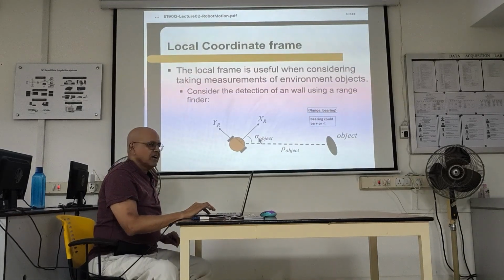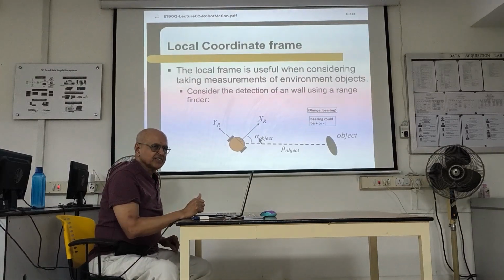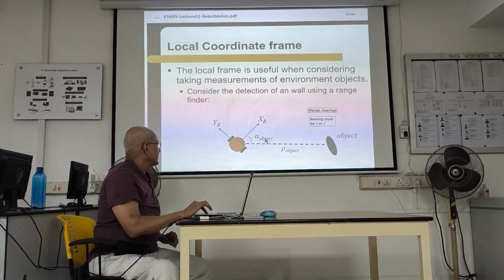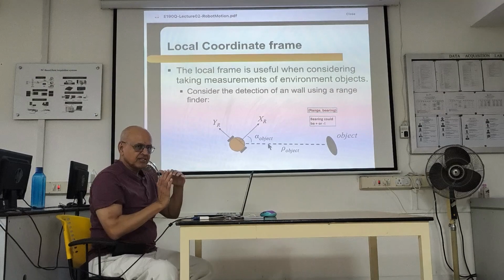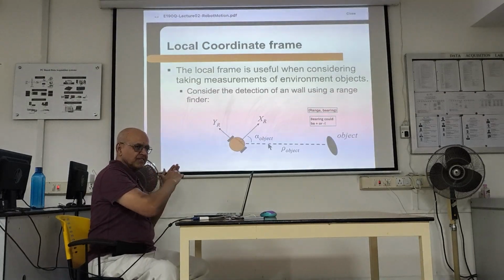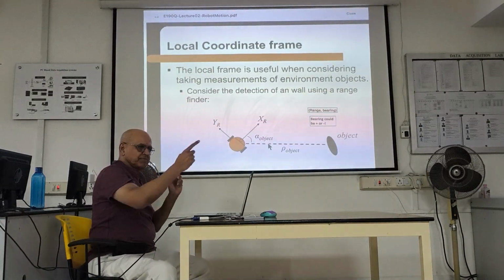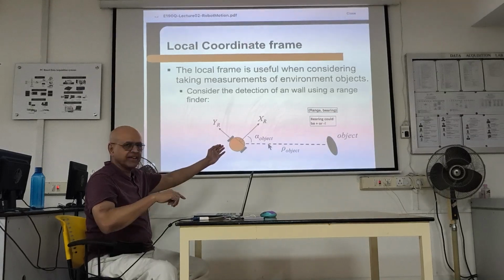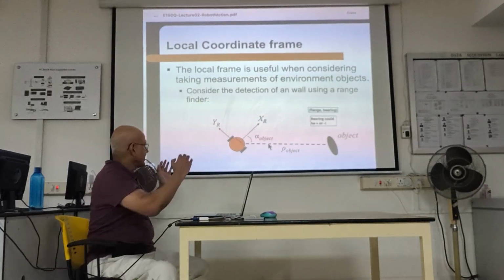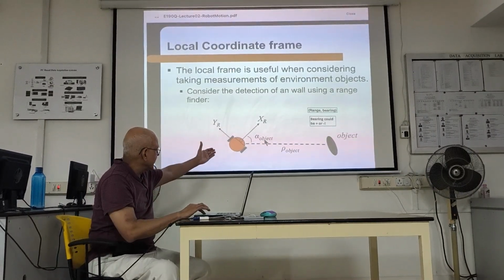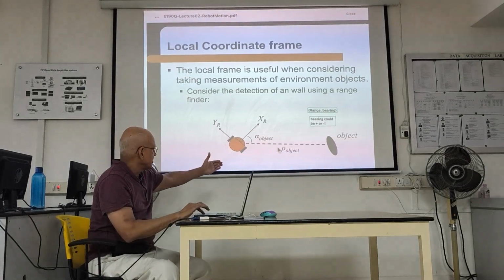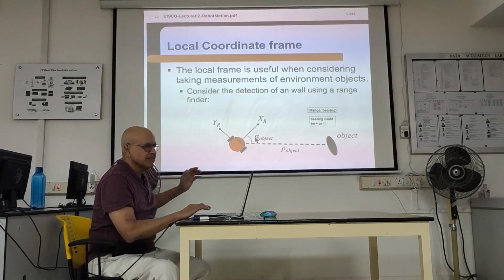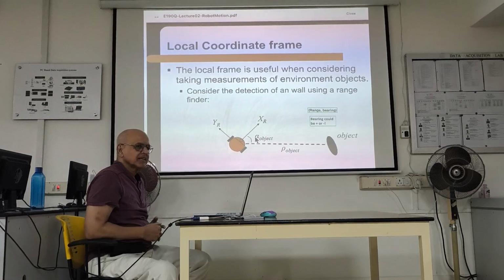So, is there a sign convention? Yes, there is. Because this right now is negative, this is positive. Remember, counterclockwise is positive. The same thing here. Counterclockwise is positive, right now you're seeing a negative angle. So rho and alpha. So let's take a break of 5 minutes and then we'll continue.